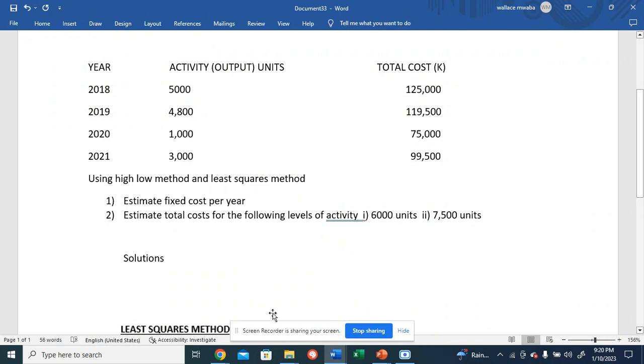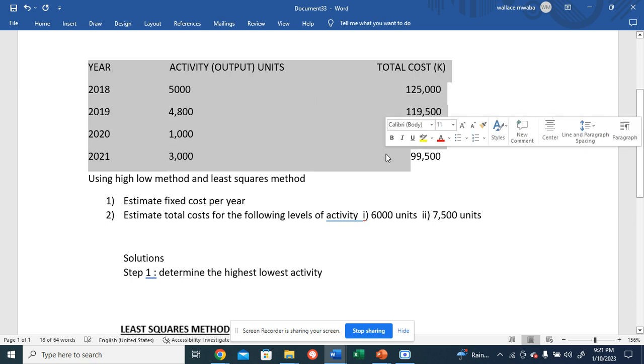These are the steps that you must follow when you're using the high-low method. Step one, determine the highest and lowest activity.